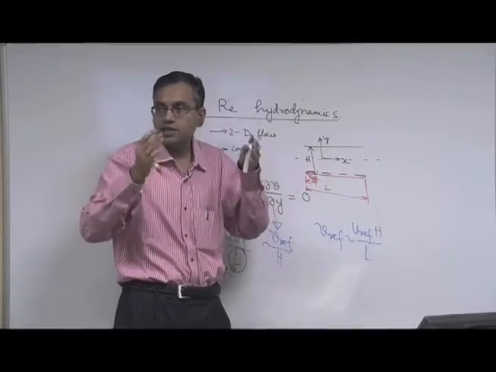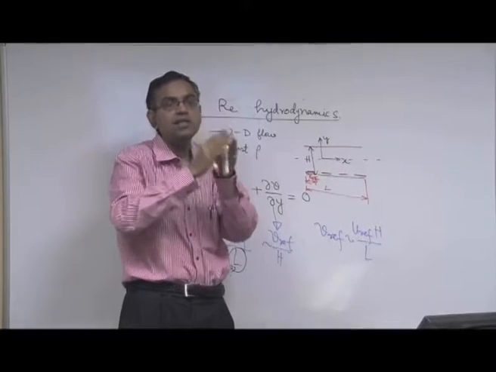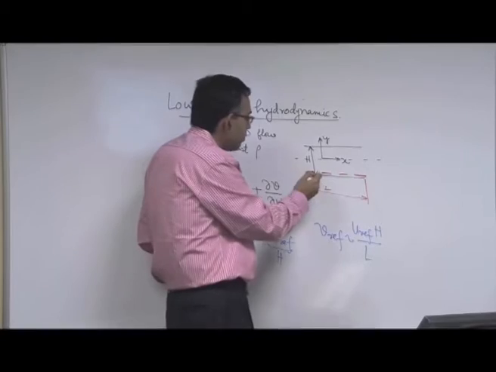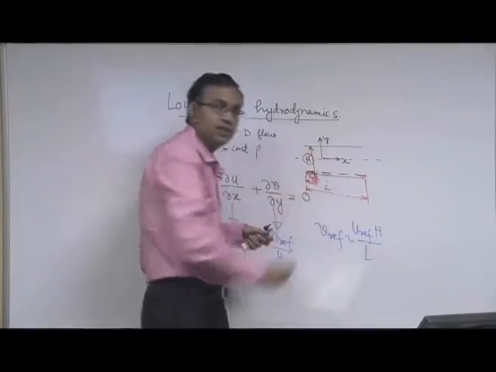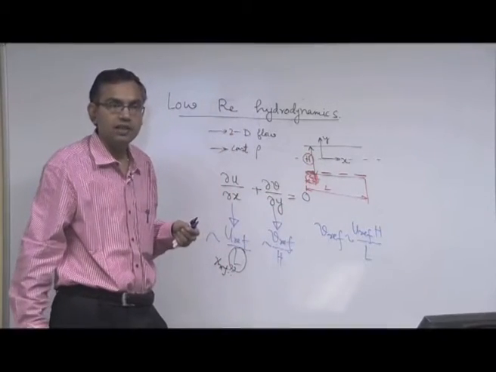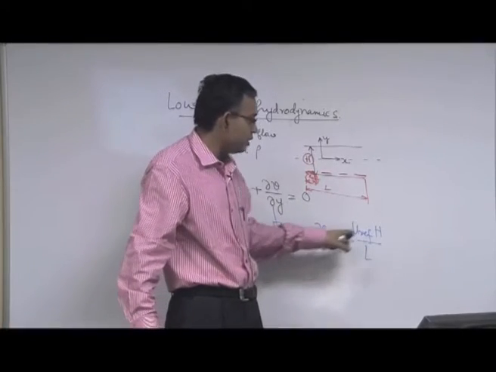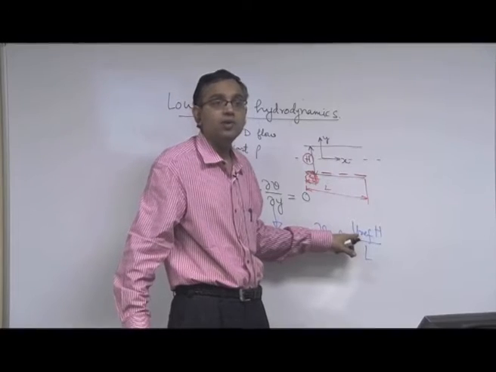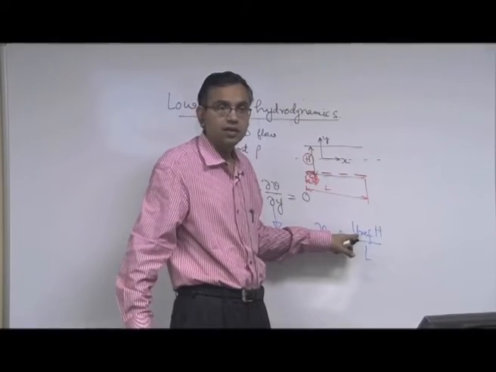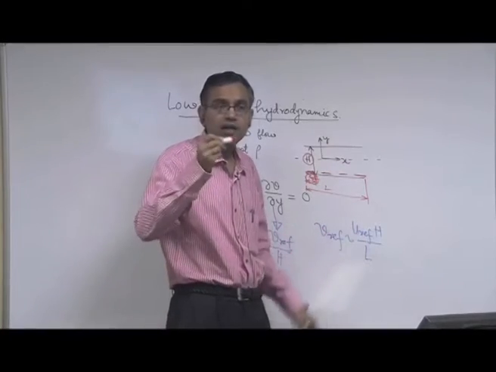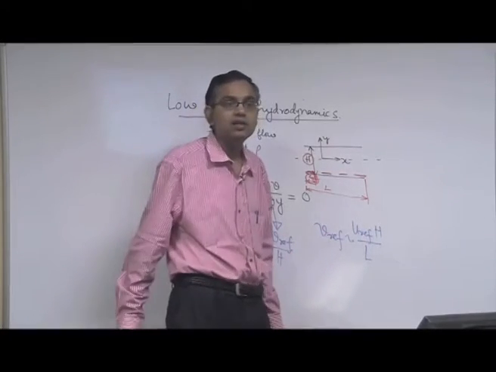The characteristic changes take place over the patches, and many times this length of the patch is comparable with the height of the channel. Then you could get a V reference of the order of U reference even. If you get a V reference of the order of U reference, that can give rise to a nice vortical structure in the flow.